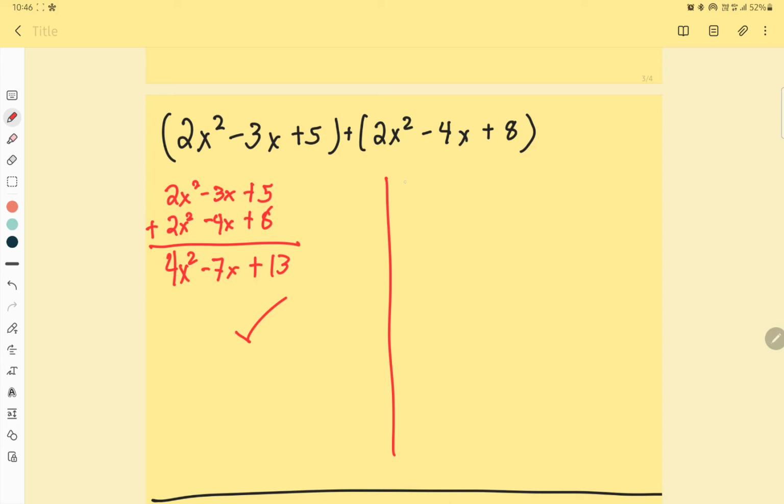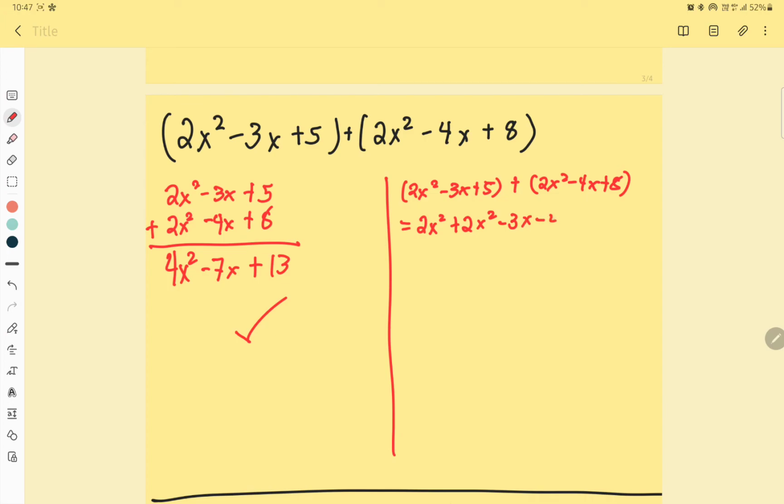Now, let's work with this one. So you have now, let me just copy that, 2x squared minus 3x plus 5 added by 2x squared minus 4x plus 8. Now, having that, I think that combining now like terms. So this is just positional. However, some people are going to go on their mind and compute that. However, for starters, this is much better to look at.